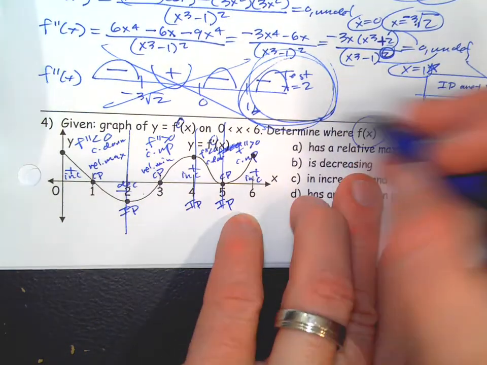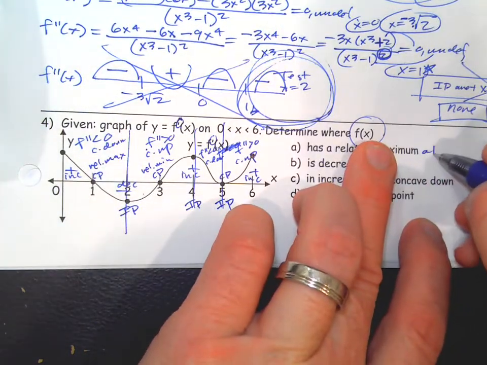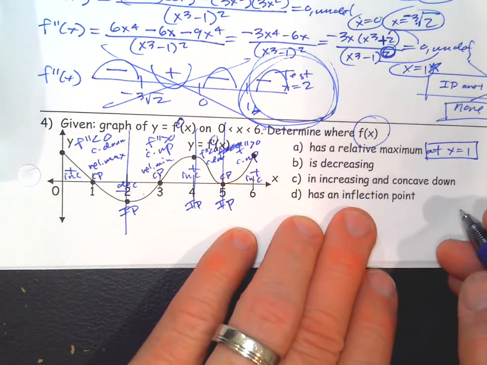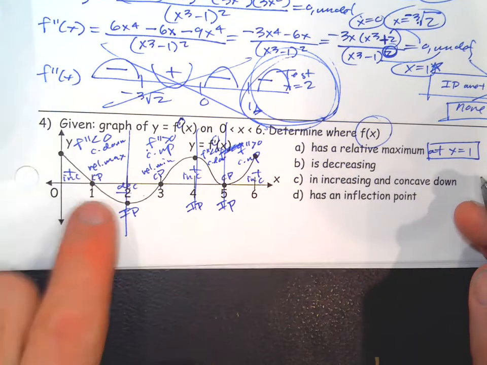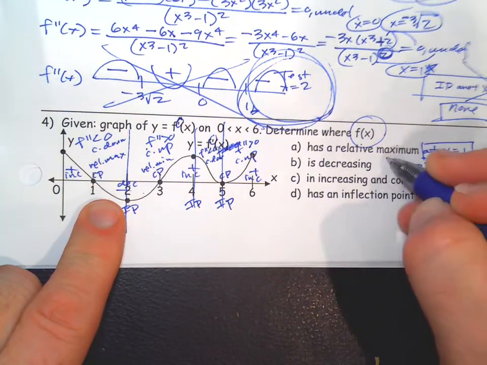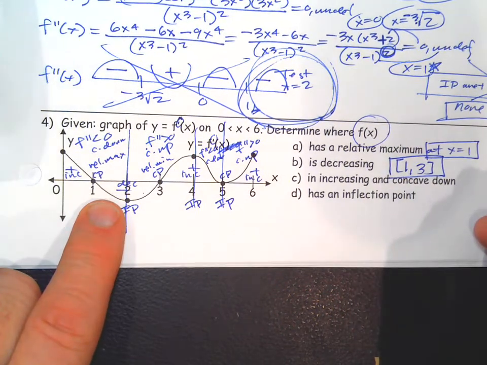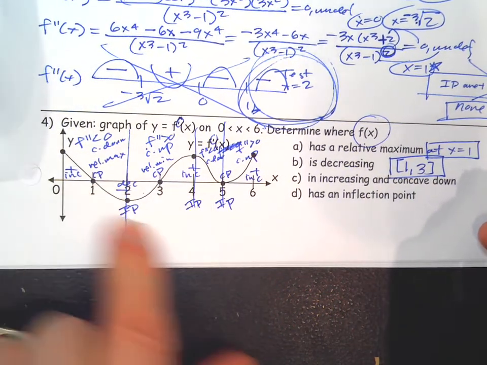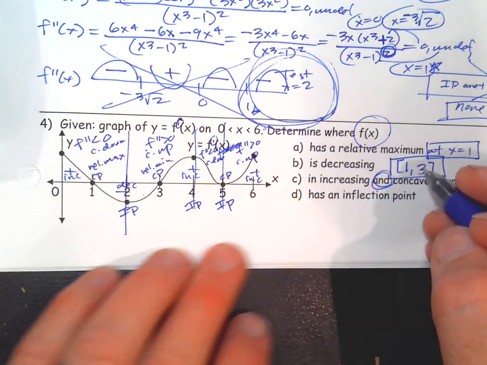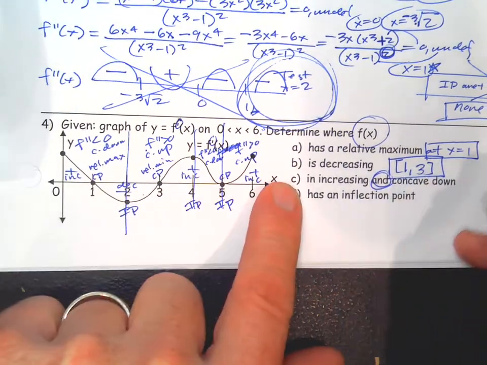It has a relative max at x equals 1, right? It's decreasing on the interval 1 to 3, and we usually include endpoints for increasing, decreasing. Where this graph is negative, those are negative slopes. Increasing and concave down. So it's got to be going up and concave down.